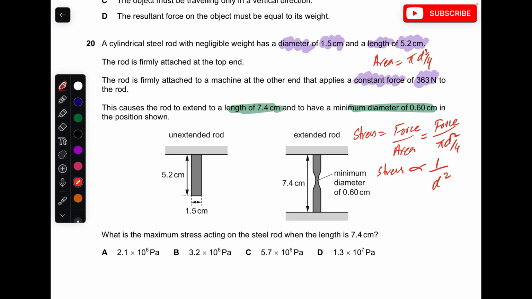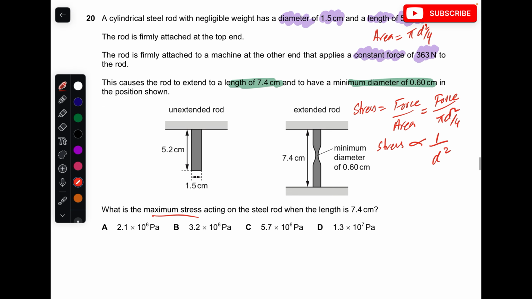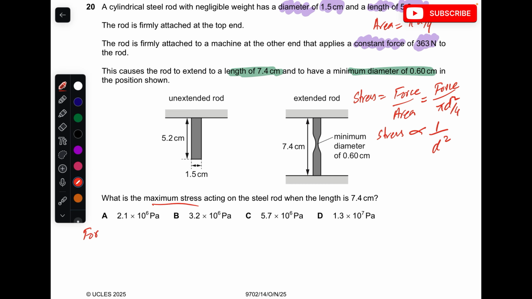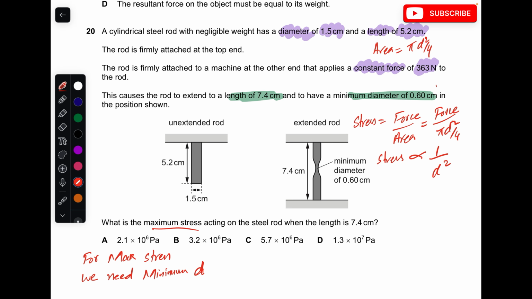So what we need is maximum stress. So for max stress, we need minimum area. Sorry, minimum diameter. Which diameter is minimum? This one is minimum, obviously 0.06. So we have to find the stress at that value.